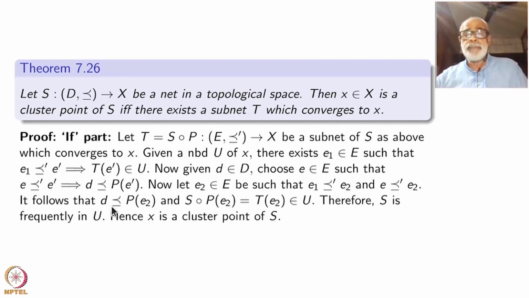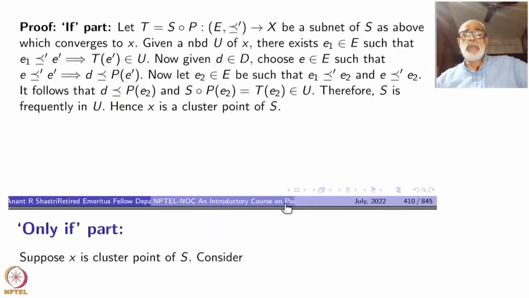It follows that D is less than or equal to P of E2, because E2 is bigger than E. And S composite P of E2, which is T of E2, will be inside U, because as soon as something is bigger than E1, T of that is inside U. Therefore, S is frequently inside U. Hence, X is a cluster point of S. So one way is done.